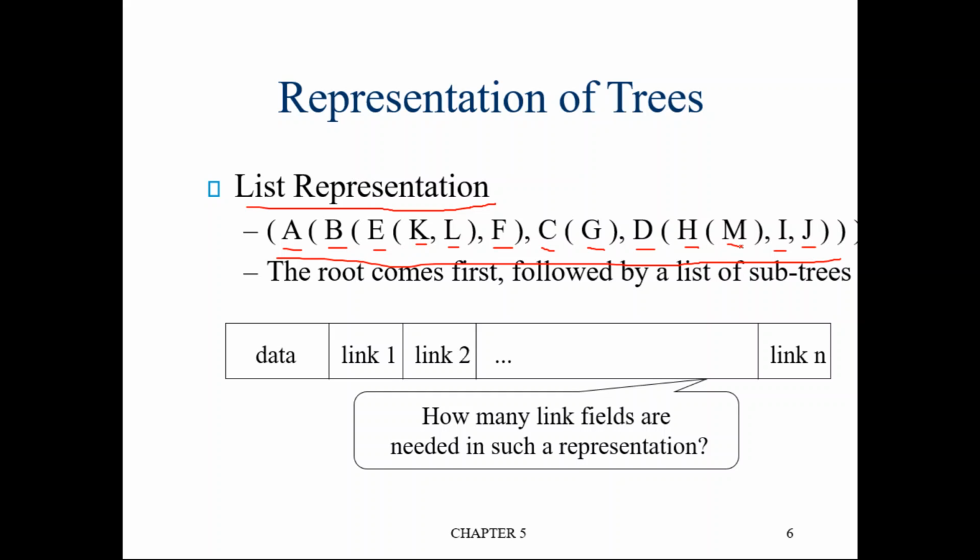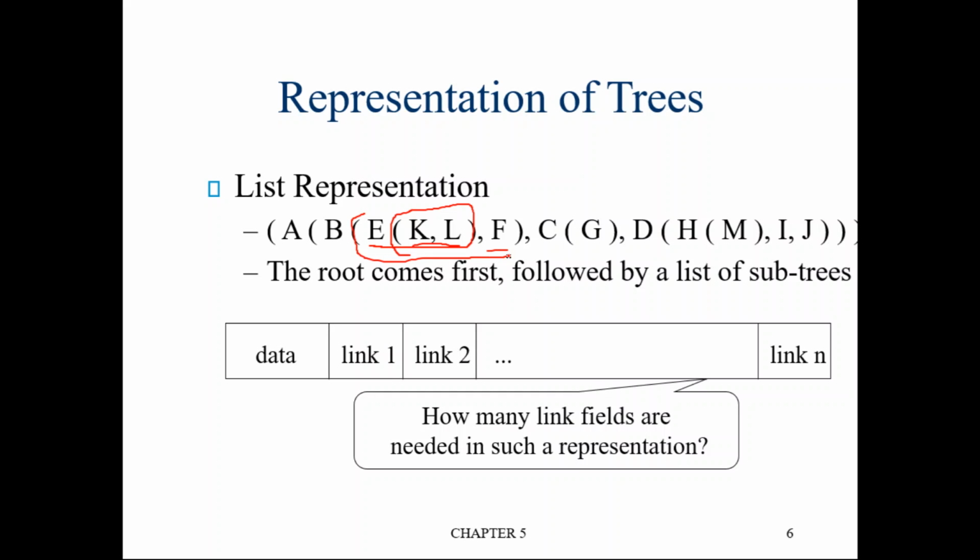So how to put it in words? Whenever something is represented inside a bracket, it means that it is the child of that. If you go from the innermost bracket, let us come from left to right. K and L are nothing but the children of E. This is one level of bracket. Then E and F are the children of B. Another level.